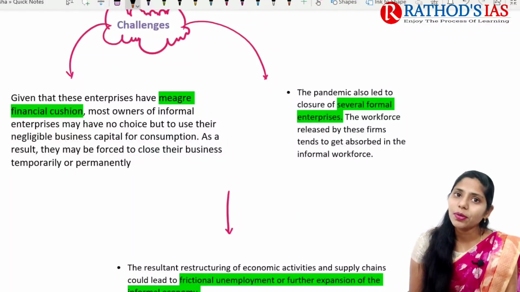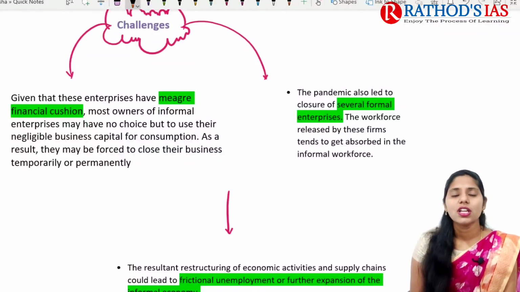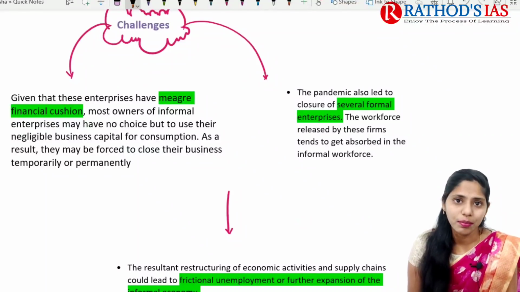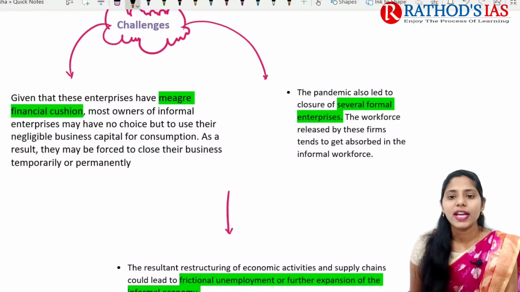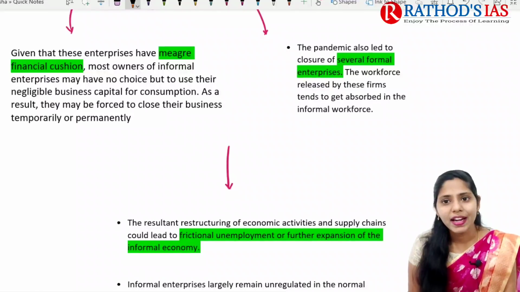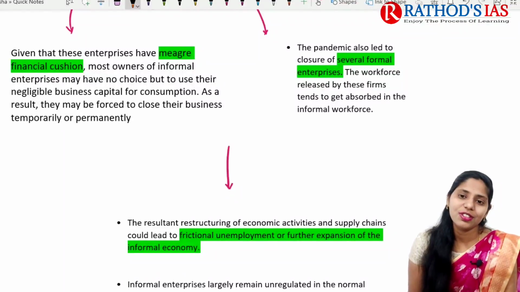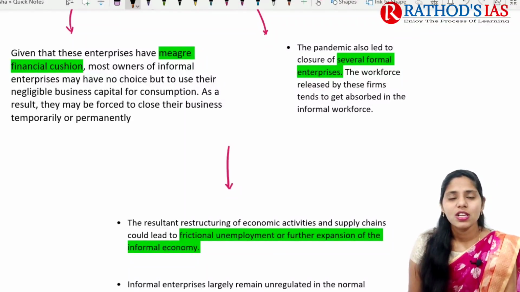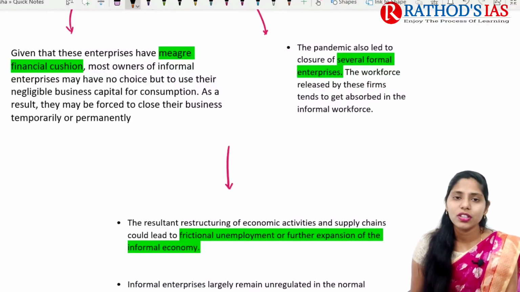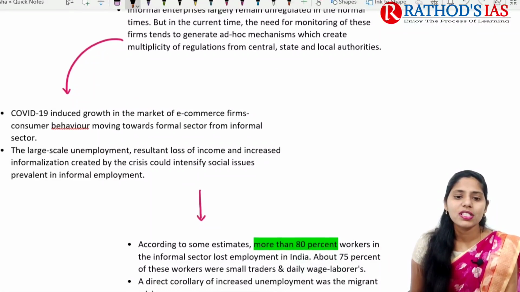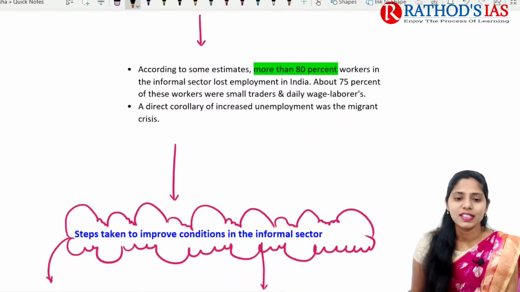The people who were earlier working in that organization now need to search for work, and that leads to frictional unemployment as well. The global pandemic also led to the closure of several enterprises, and most of these informal sector units went into losses. These are some important things you need to remember regarding this topic.